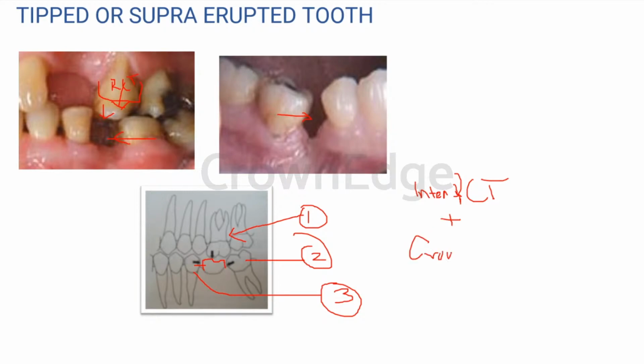When you give a crown, you increase the height, and thus you have a lot of space coming between your opposing teeth. For the migrations and tipped teeth, you can do what we discussed in the previous case scenario. I hope it is clear. Any doubts, just put them down in the chat and I'll be happy to answer any of them.